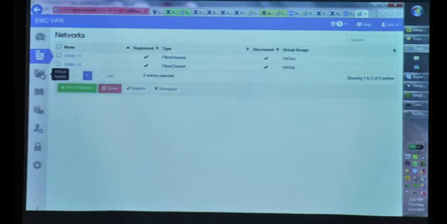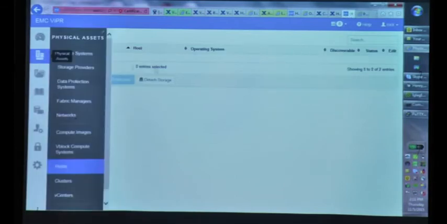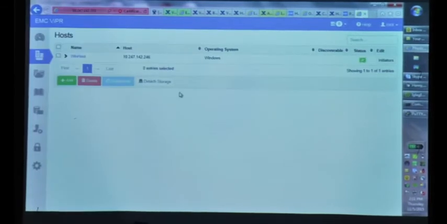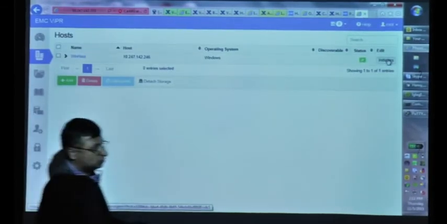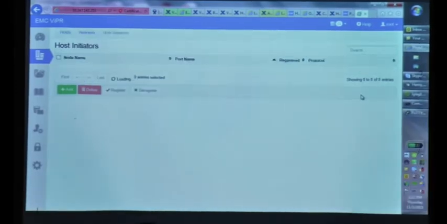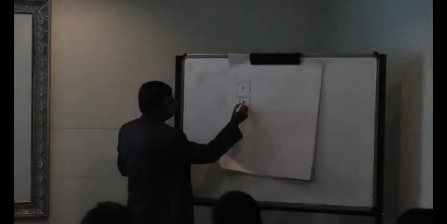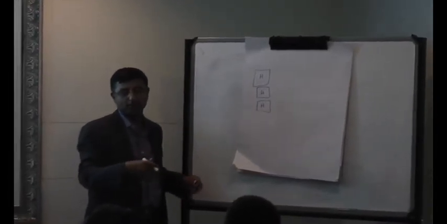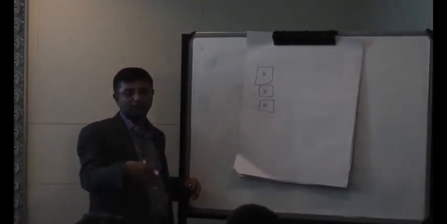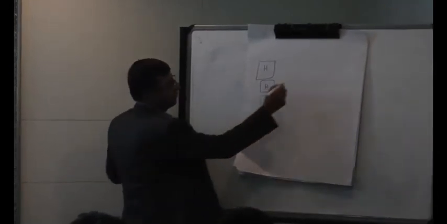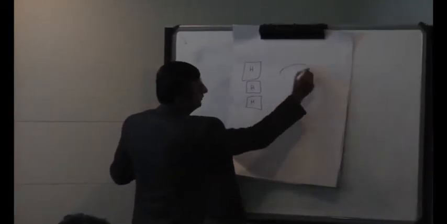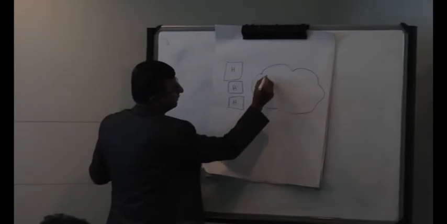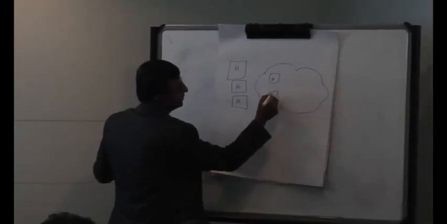Maybe while he's doing that, we'll show them that it's not just one host, you will have many hosts. Hosts are basically servers running databases and other applications which need storage, like Exchange or whatever, right? And then you have a network, the SAN network that Manoj spoke about, which is made up of switches.